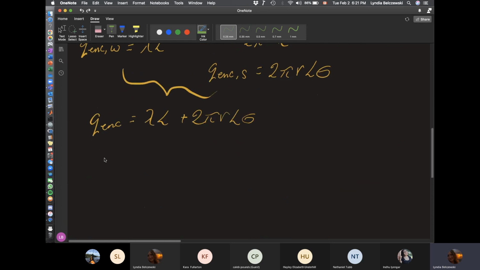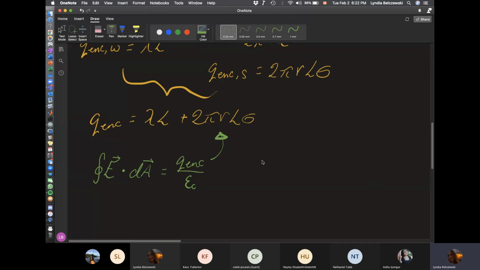Gauss's law says the flux, so that's the integral over a closed surface, our Gaussian surface, of the electric field dotted with the area, is equal to the enclosed charge divided by epsilon naught. We have our enclosed charge up here. It's a bit of a gross formula, but we have it. Epsilon naught is a constant, so we've got that too.